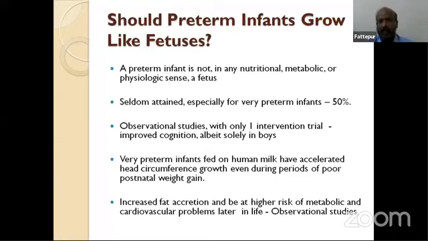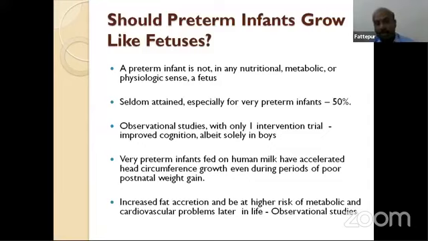Why did they take longitudinal measures, and why should we not take intrauterine growth charts? Because they felt preterm infants should not necessarily grow like fetuses. What is the difference between fetuses and preterm infants? A preterm infant is not in any way nutritionally or metabolically like a fetus. So there are a lot of factors which affect the fetus, and the factors which affect postnatal growth are entirely different.